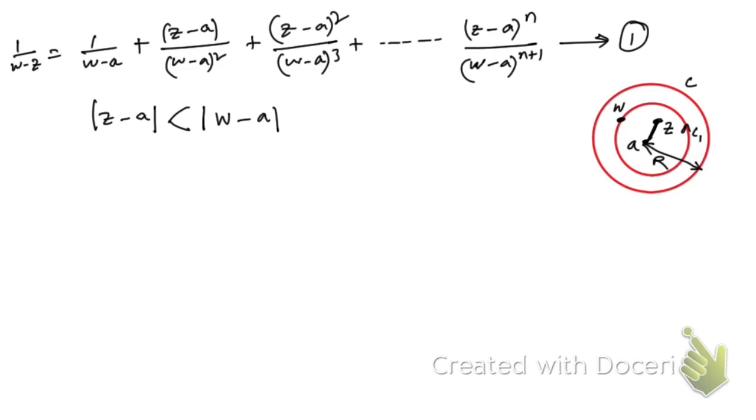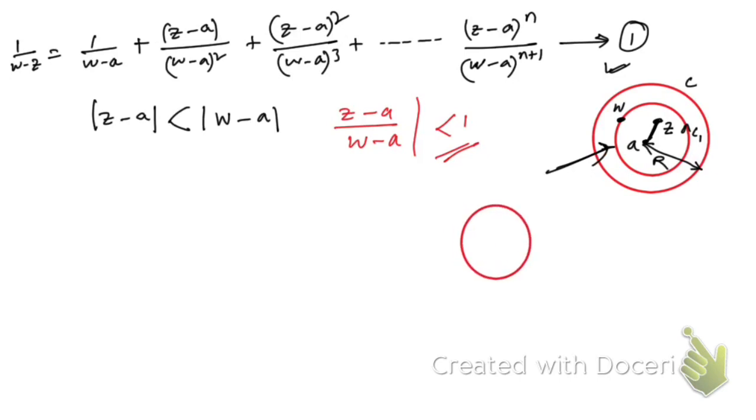Because you can see this inner circle inside C, that is C1. This is the center A. Z is inside the circle and W is on the circle.